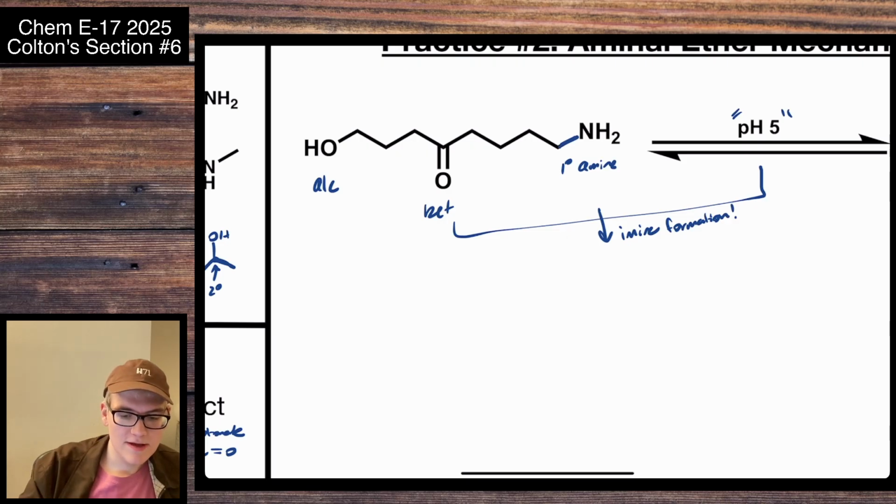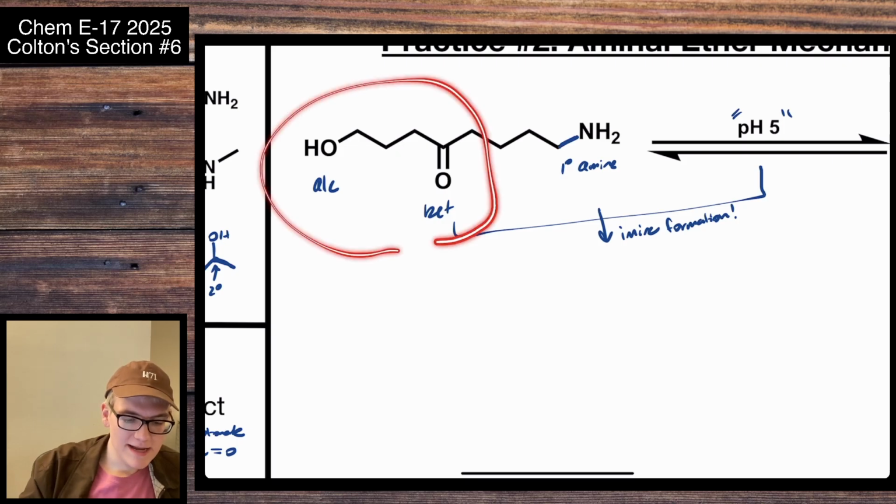Now, we also have some other things over here. So if I put an alcohol, a ketone, and let's say I had a stronger acid, let's say I had H3O+, then what reaction could we do with this? If we had an alcohol, a ketone, H3O+, is that a reaction you've seen before?